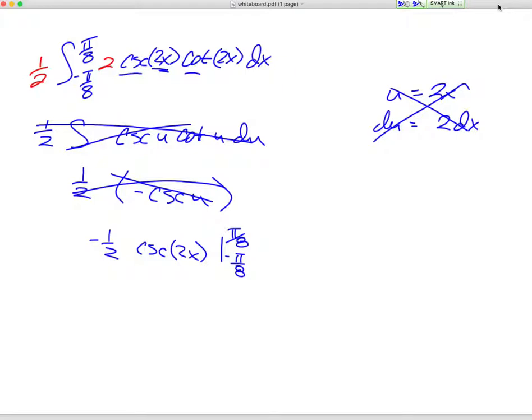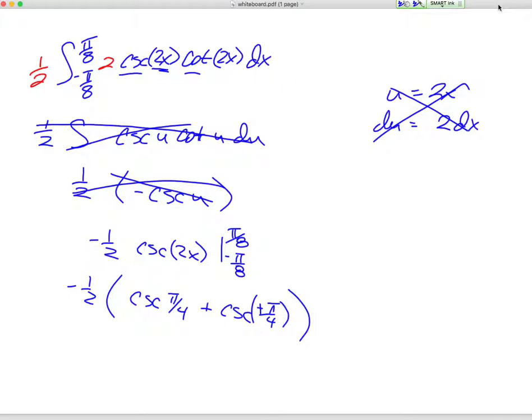All right, so I plug in. Pi over 8 times 2 is pi over 4. Anybody remember the rule on a negative inside of cosecant? It goes out front, so I can change that.